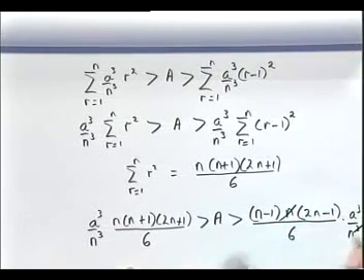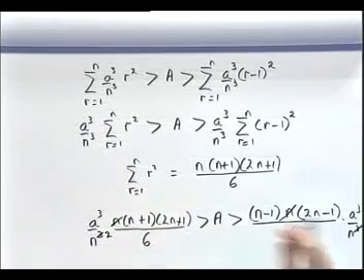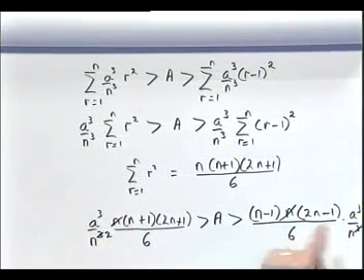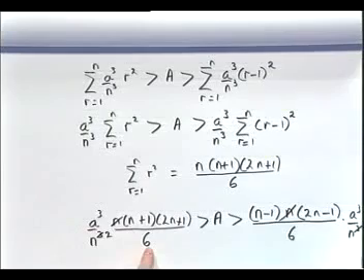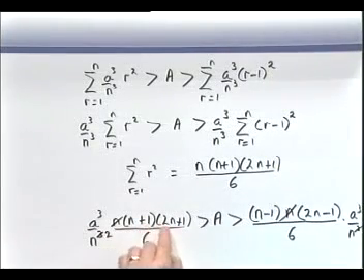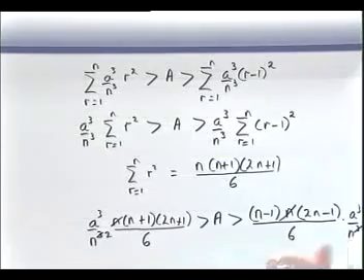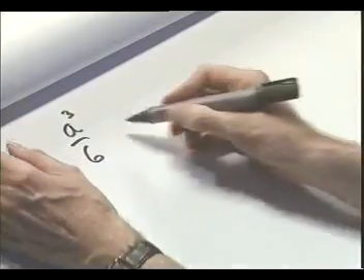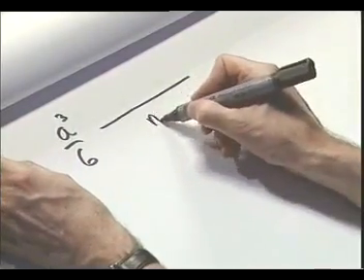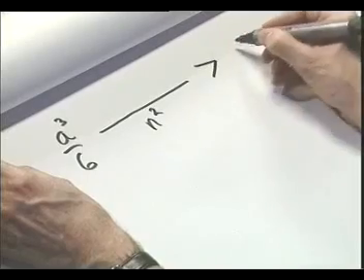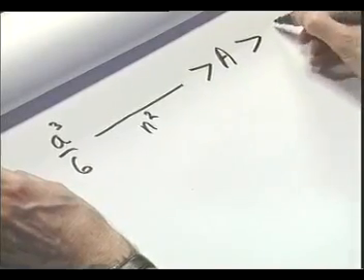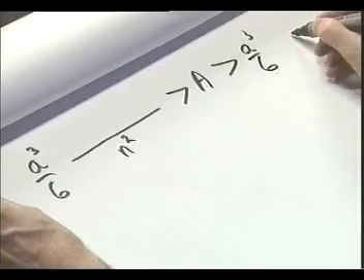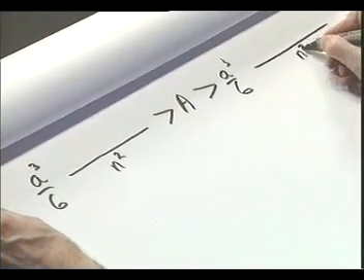So we can cancel that and get a square, and cancel that and get a square. So I'm going to take the a cubed over 6 out, and I'm going to multiply out each of these brackets and put it all over n squared. So I'll have a cubed over 6 all over n squared greater than a greater than a cubed over 6 all over n squared.